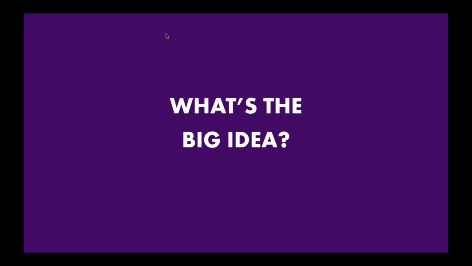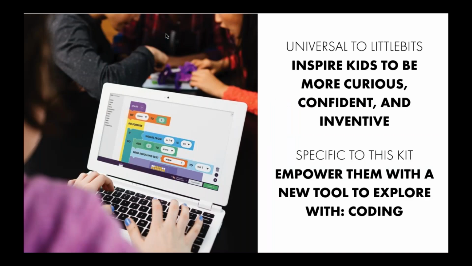So let's dive a little deeper into it. To start with, what's the big idea? Universal to every littleBits kit that we make is to inspire kids to be more curious and confident and inventive. And what we really were looking to achieve specifically with this kit is to empower them with a new tool to explore with, coding.